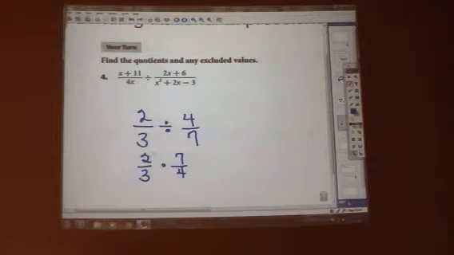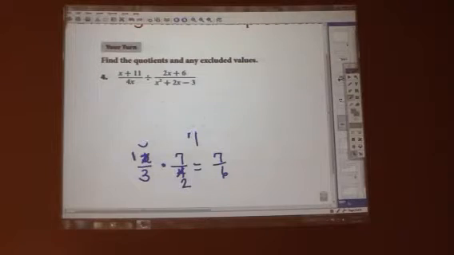I could cancel on this. 2 will go into 2 once, 2 will go into 4 twice. It'd be 7 sixths. We're going to do the same thing on our rational expressions.